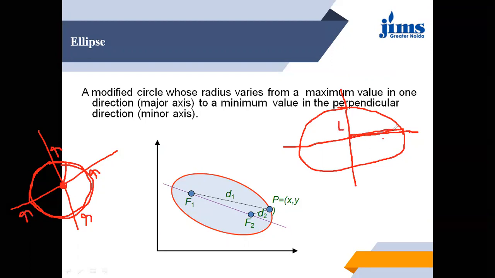The axis on which the distance is more is called the major axis, and the one that is perpendicular to this axis is called the minor axis. The axis on which the distance from origin to point is more is called the major axis. Otherwise, the perpendicular of that axis is the minor axis.